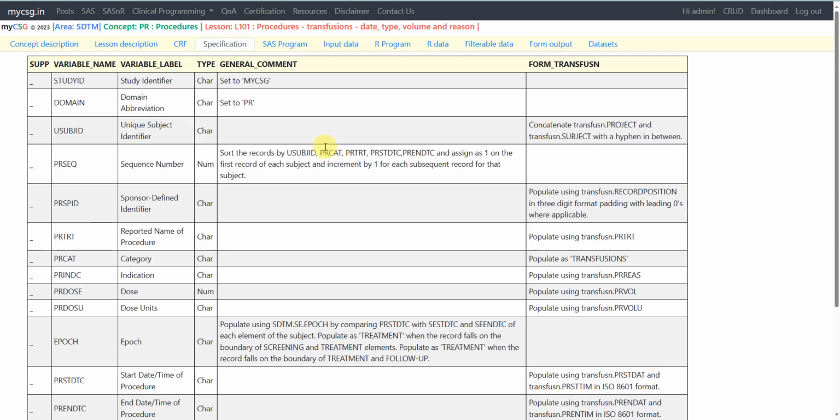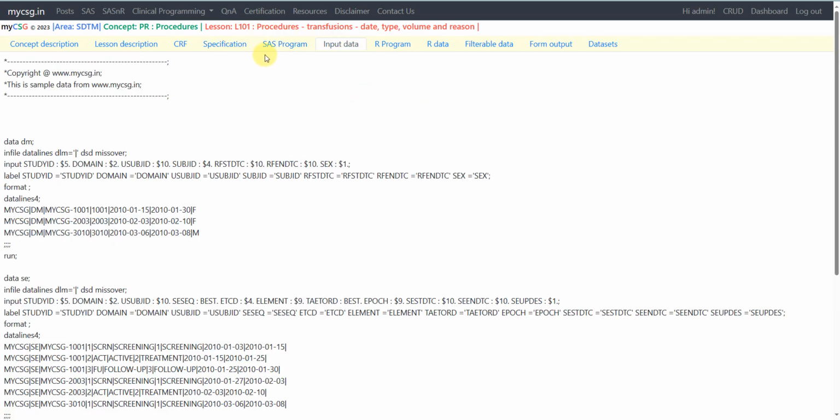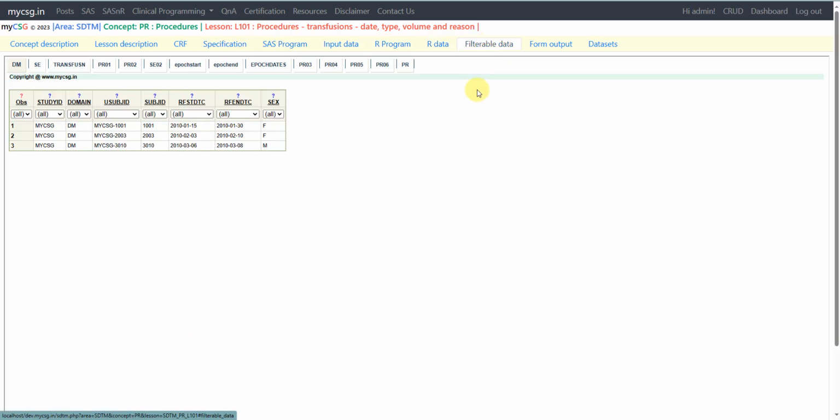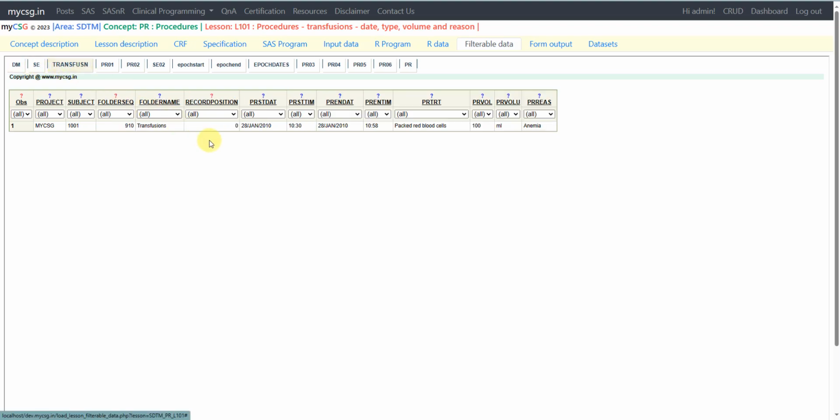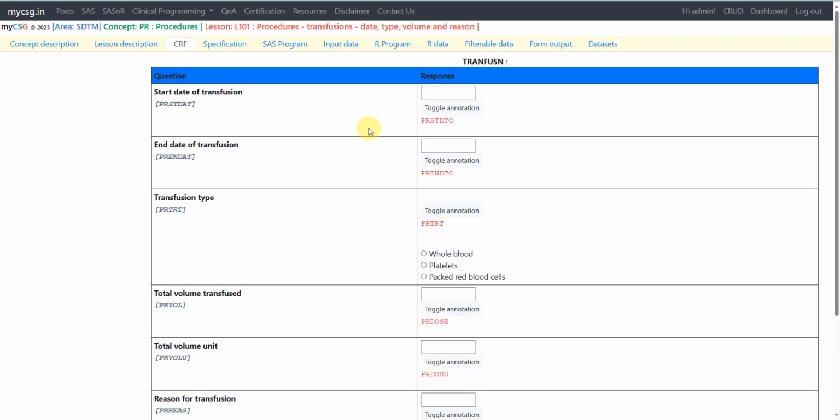So let's take a quick look at our input data and see if we had time collected. We have time collected. So we'll be using this information to populate. Though in CRF, I think I have missed adding that time component. But both date and time component for start would be used to populate PRSTDTC.